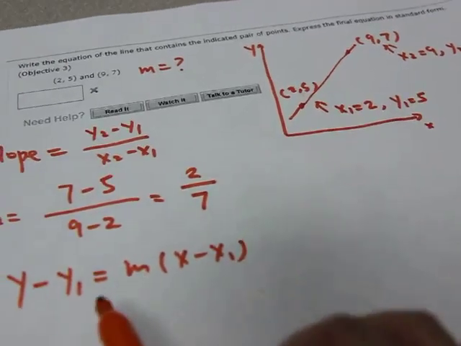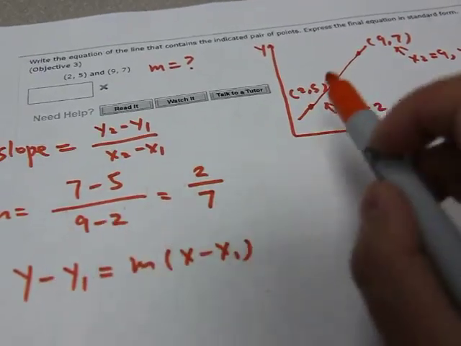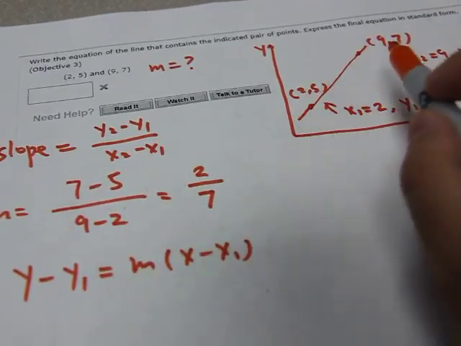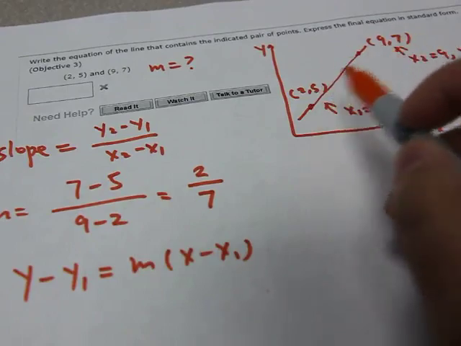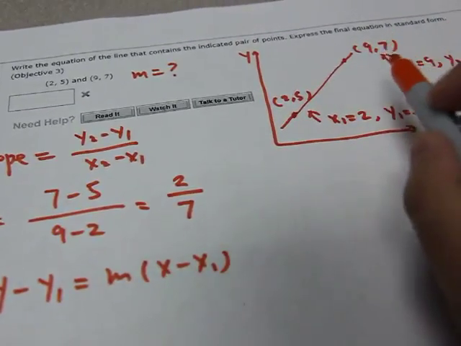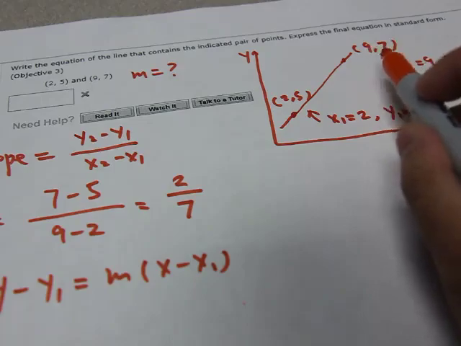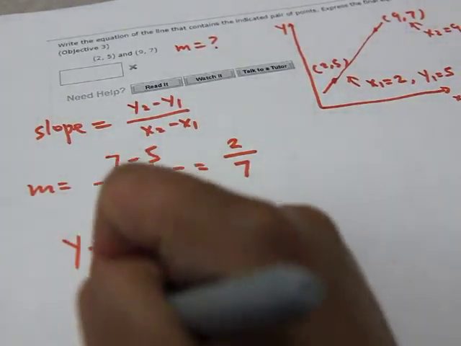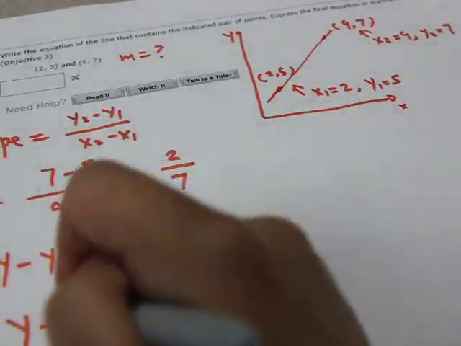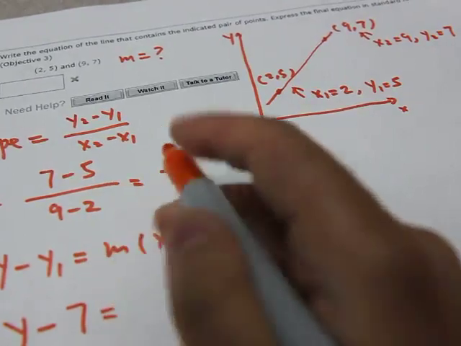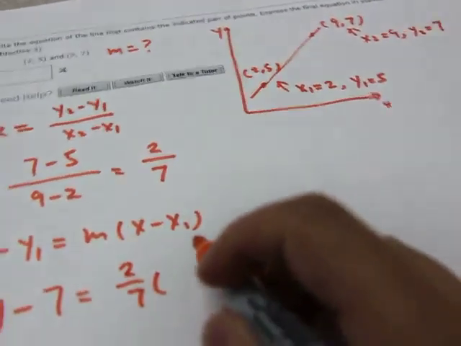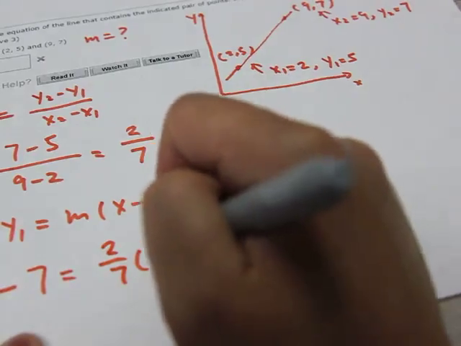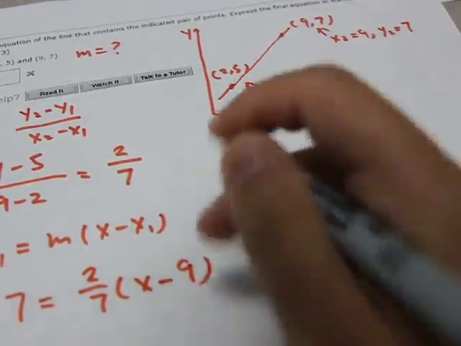During this process, it doesn't matter which point you use, you will always get the same answer. Okay, so let's say I'm using this point (9, 7). So y minus 7 equals m, which is 2 over 7, times x minus 9.